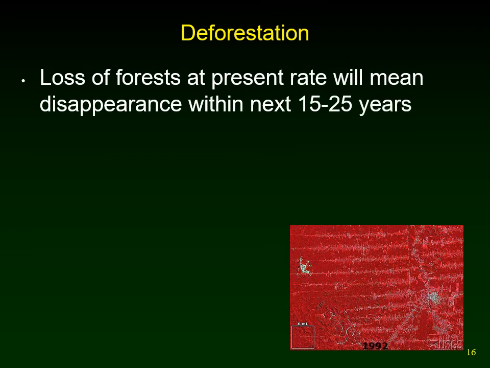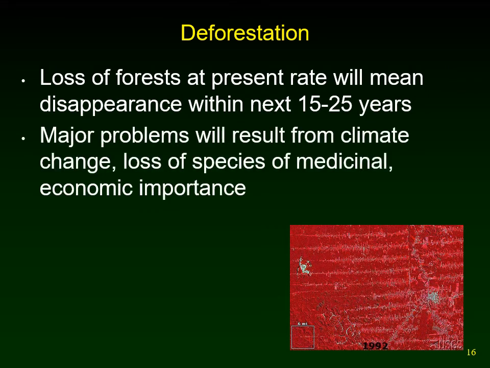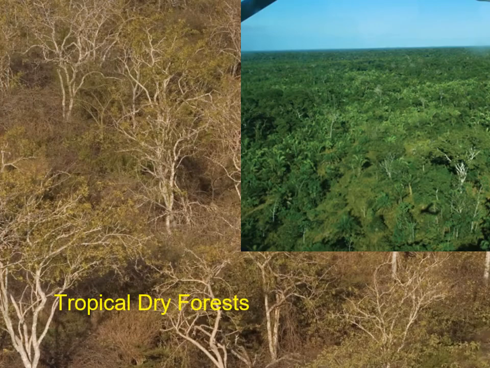The loss of forest at the present rate means that the disappearance of the forest is definitely within your lifetime, and this is being exacerbated by climate change. And we're finding these forests are getting so hot, even the trees are dying from the increased temperature, and we are losing the medical and economic use of them.